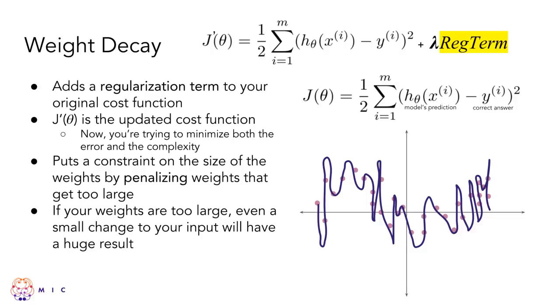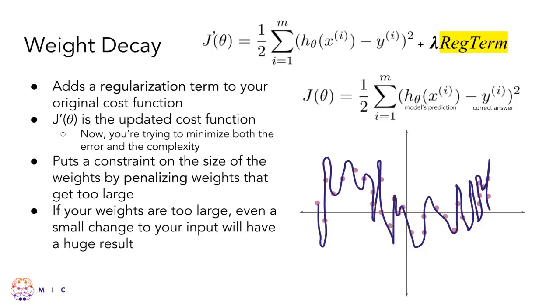So how weight decay works specifically is you're going to add a regularization term to your cost function. And in front of it, you can see that's on the top there on the right, lambda is your regularization parameter, which defines how strongly you're going to regularize. So the larger lambda, the more regularization. The smaller lambda, the less regularization.